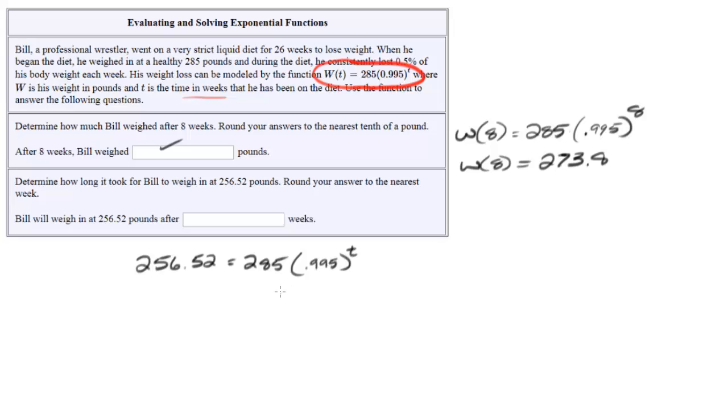And so what we first do is we're going to divide both sides of this equation by the 285 that's multiplied out front here. When I do that, what I get is 0.9 basically on this side, and over here what I get is just the 0.995 to the t. So again, I divided both sides by this 285 right here to get that.